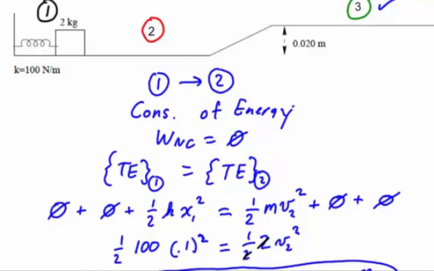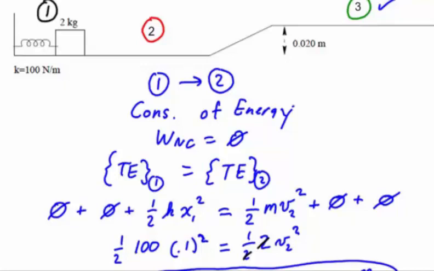I'm going to choose to connect moment 1 to moment 3, and here's the reason. Although I'm fairly confident that our calculation for V2 at moment 2 was correct, if you were in the middle of an exam and you weren't thoroughly certain that your answer to part A was correct, it is safer to use the initial information at moment 1 to connect to moment 3 and thereby not risk the chance that any mistake you've made in part A is transferred into a mistake in part B. So here we go.